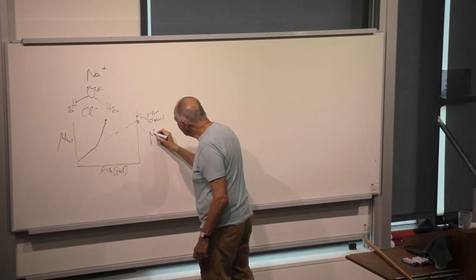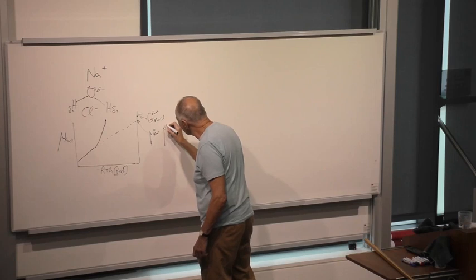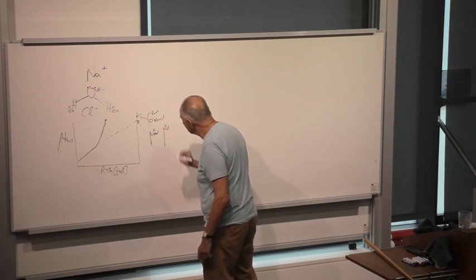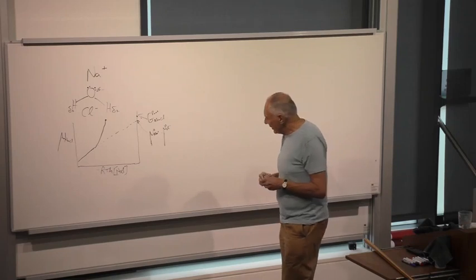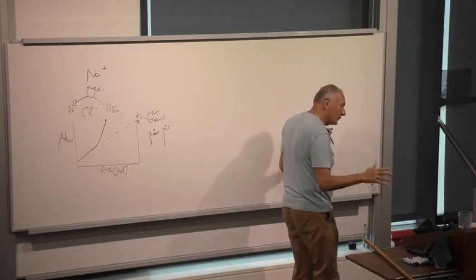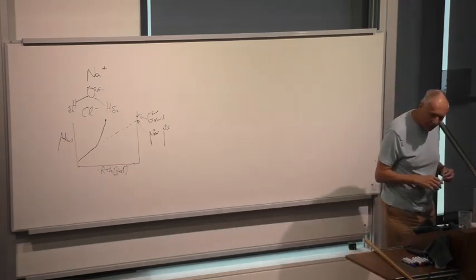And we can derive that for Na plus and for Cl minus. We can separate the properties of the two ions by various electrochemical methods.